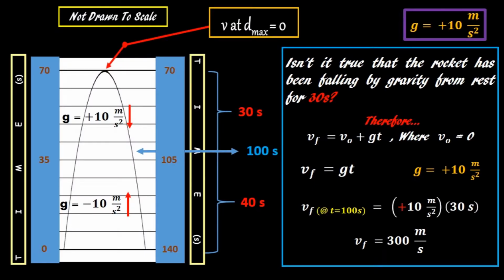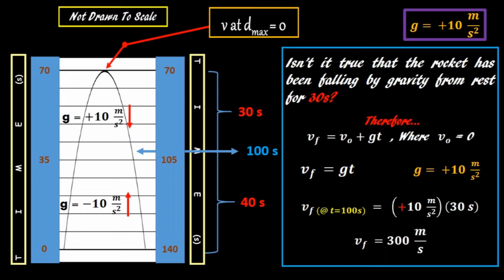Okay, so its velocity is 300 meters per second at the 100 second mark. Now if that's true and it gained velocity of 10 meters per second every second, it must have fallen for 30 seconds.